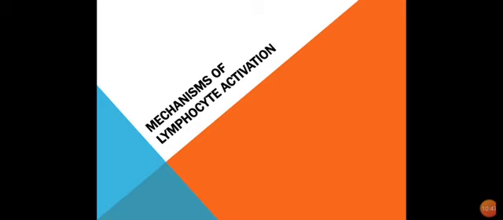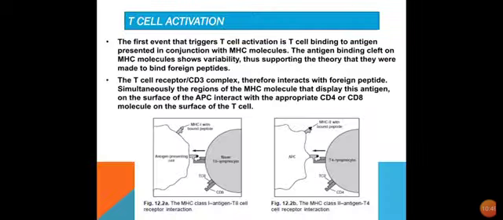Mechanisms of lymphocyte activation. First, T cell activation. The first event that triggers T cell activation is T cell binding to antigen presented in conjunction with MHC molecules. The antigen binding cleft on MHC molecules shows variability, thus supporting the theory that they were made to bind foreign peptides.